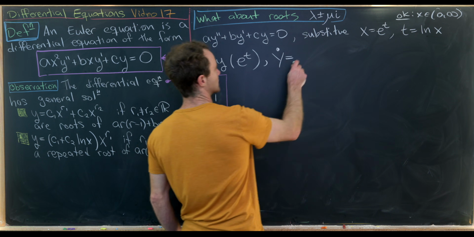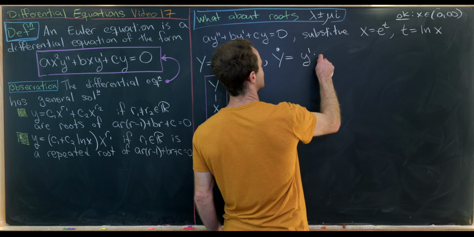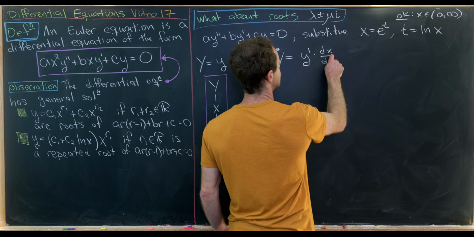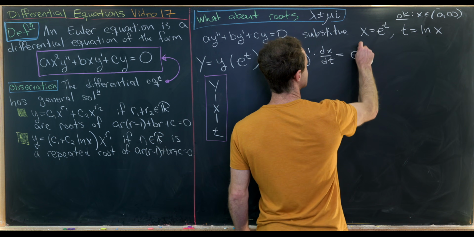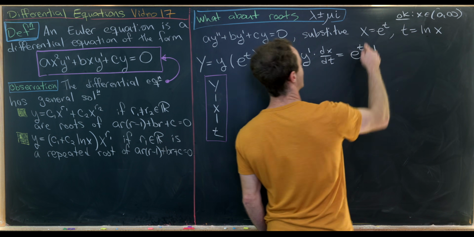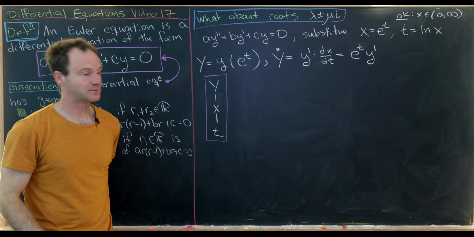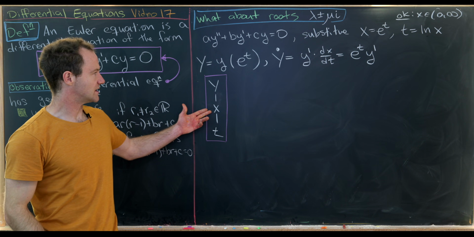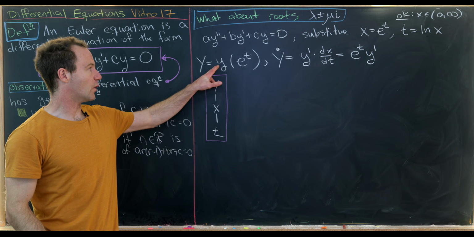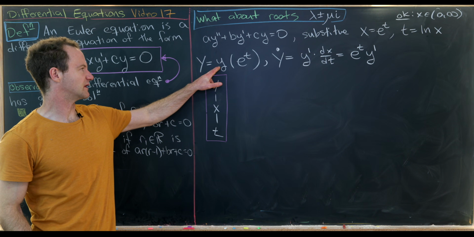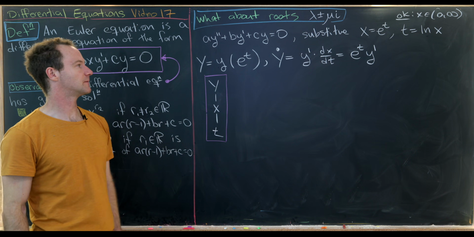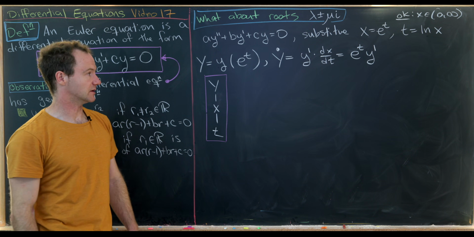So in other words, we'll have y prime times dx dt, but that's going to be e to the t times y prime, given that dx dt is just e to the t. And why do I have y prime here? Because y prime is exactly what we want. That would be like dy dx, if you will. Okay, so that's looking good.